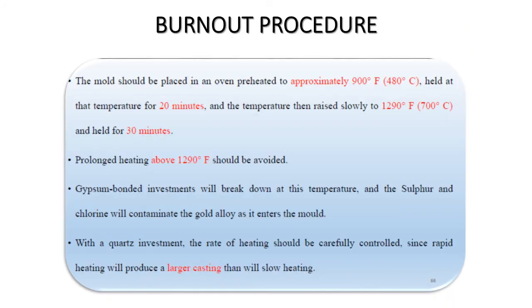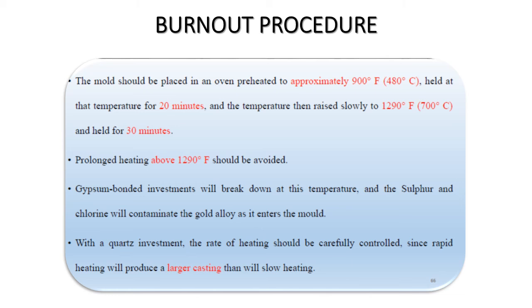After the investment procedure is over, either by hand mixing or the vacuum mixer technique, the mold is left aside for at least 1 to 1.5 hours for the complete setting of the investment material. Later the investment mold is transferred into the burnout furnace or oven for the burnout procedure, which happens at approximately 900 degrees for 20 minutes.